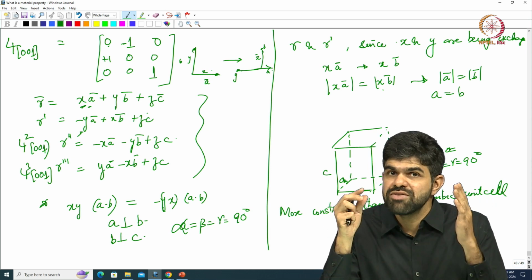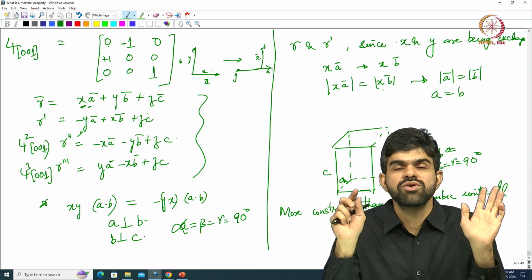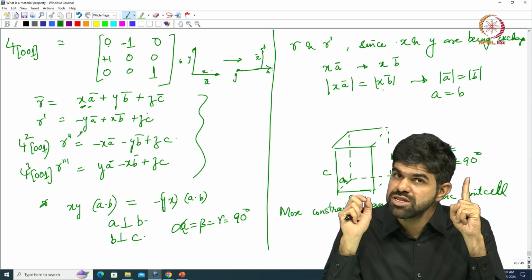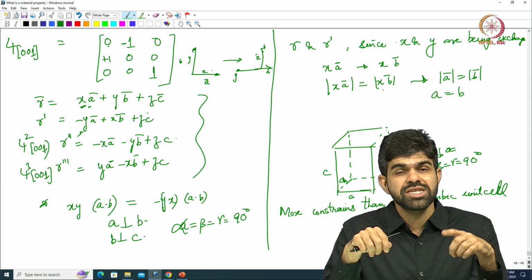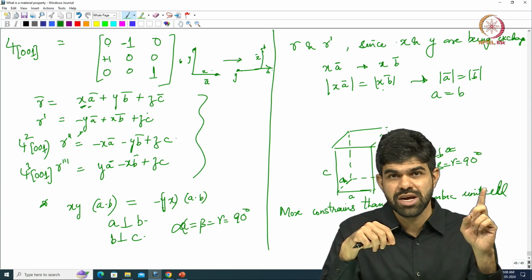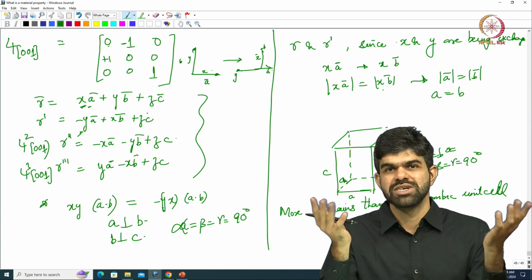So, if I am saying I have a tetragonal system, the fundamental postulate of a tetragonal system is that I should have at least one fourfold axis of symmetry. Then I need to define a unit cell such that the unit cell itself represents this one fourfold axis of symmetry, okay.